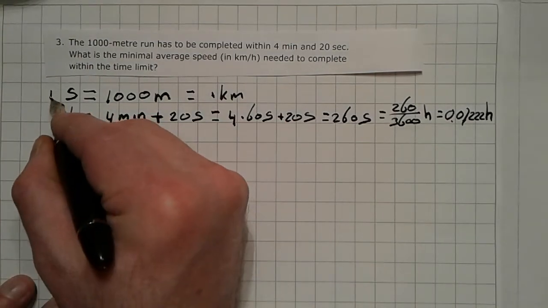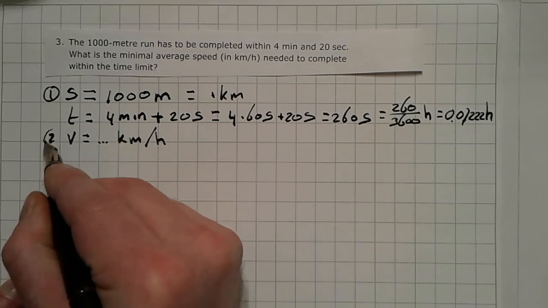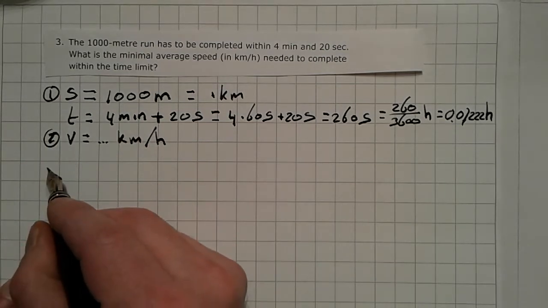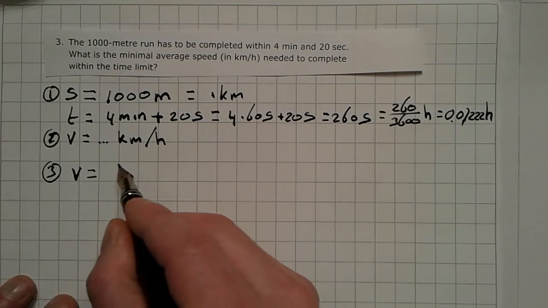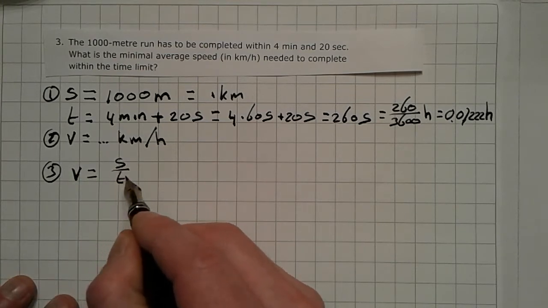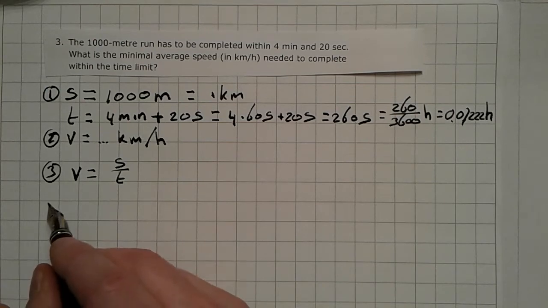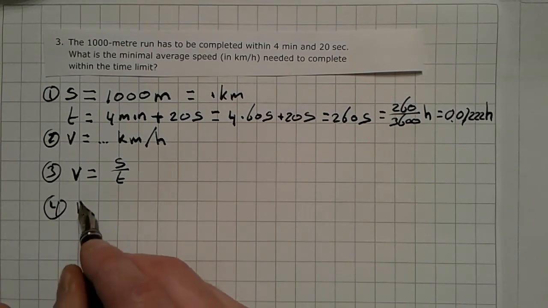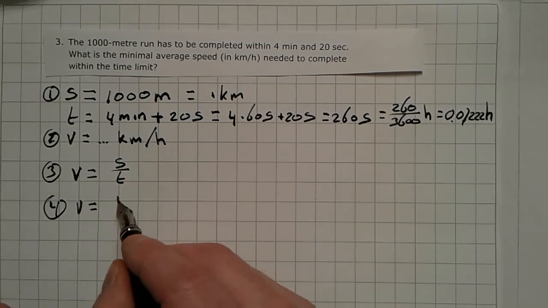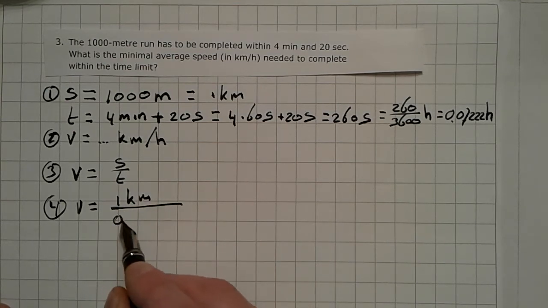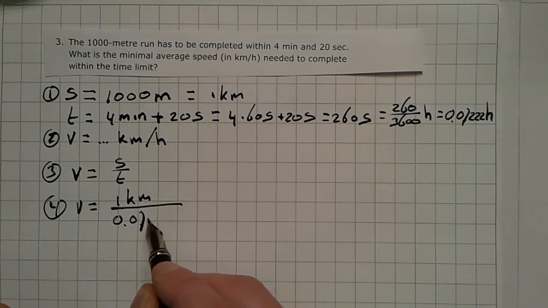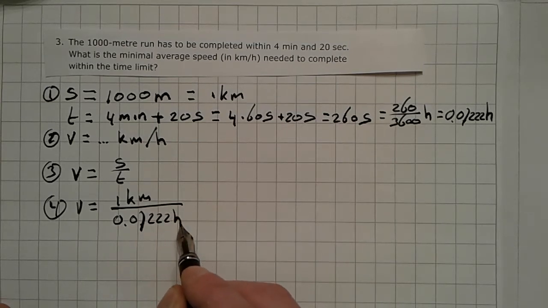So we have step 1, we have step 2. The formula is V equals S over T. Step 4, V equals 1 kilometer divided by 0.07222 hours.